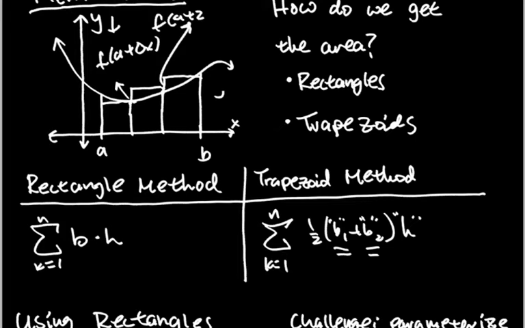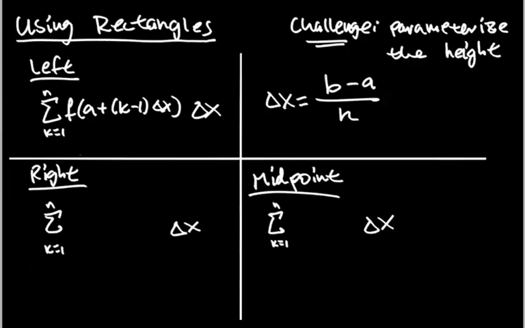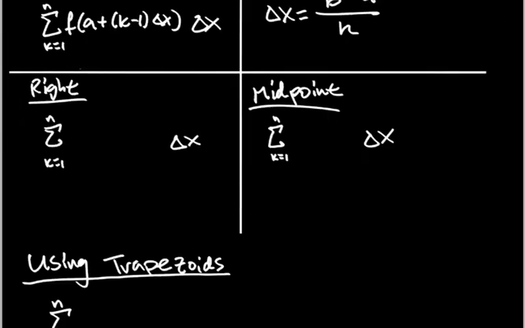And then we end at f of a plus 3 delta x. We can already notice the difference, right? We use 1 delta x over. So for right rectangles, we can write this as f of a plus k delta x, and that'll work perfectly. Midpoint is bizarre.